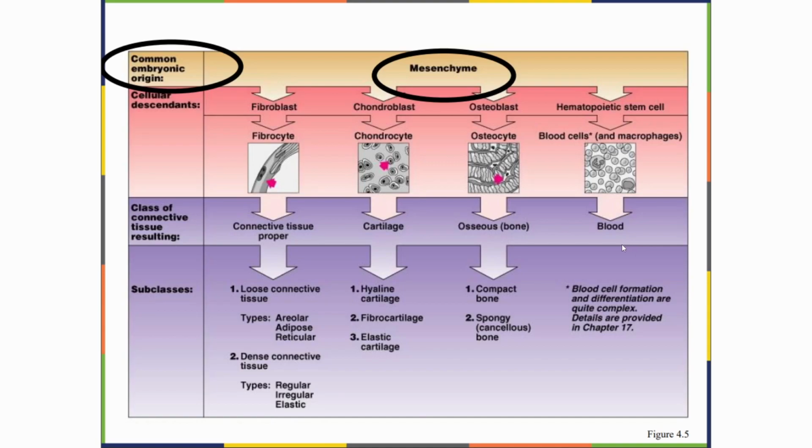All connective tissue starts with a common ancestor. Their embryonic origin is the mesenchyme, and from there it adapts to become a fibroblast, chondroblast, osteoblast, or hemopoietic stem cell that essentially is just your blood cells.